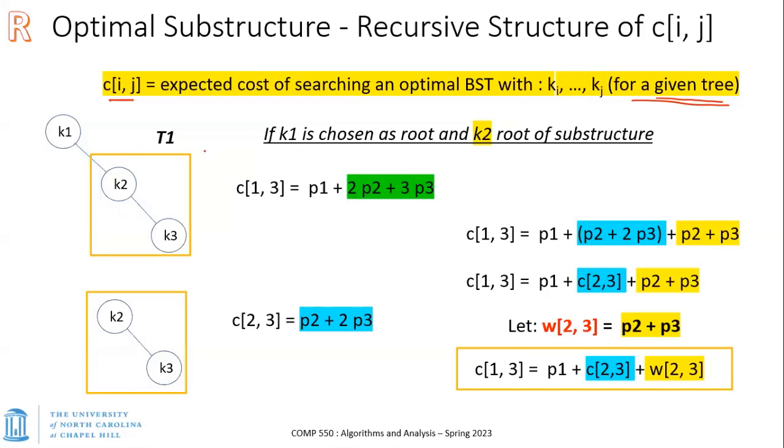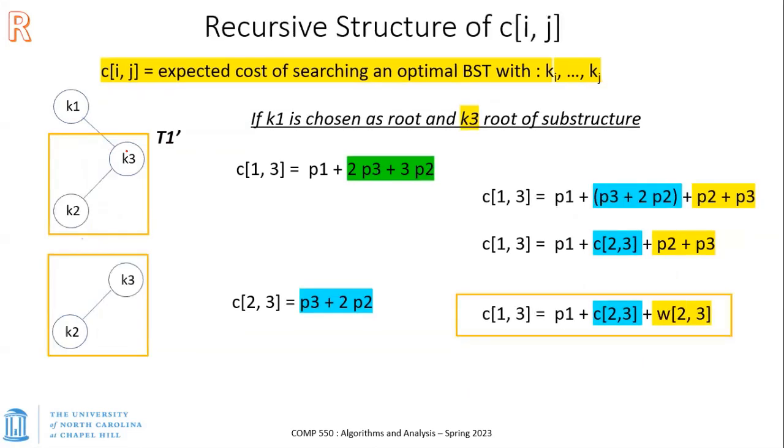We said, let's set K1 to be chosen as the root, and K2 initially to be chosen as the root of the substructure. So here K2 is the root of the substructure, as opposed to the second case, where K1 is still the root of the overall tree, but K3 is now chosen as the root of the substructure.